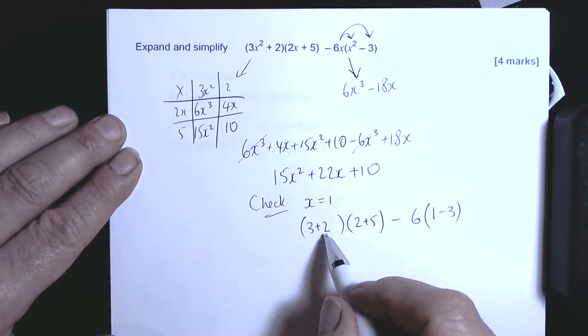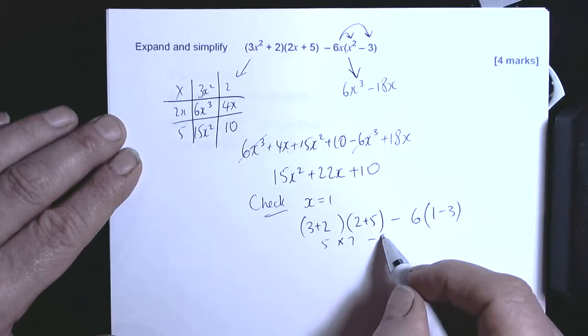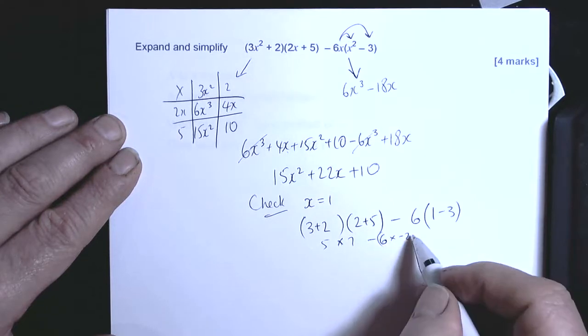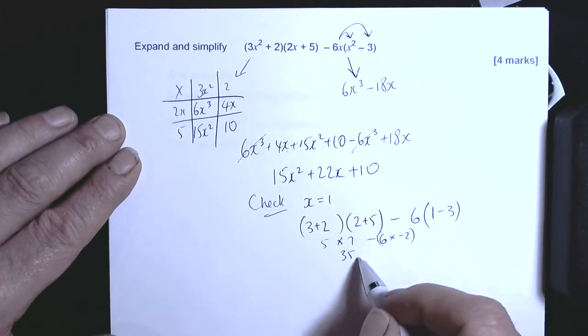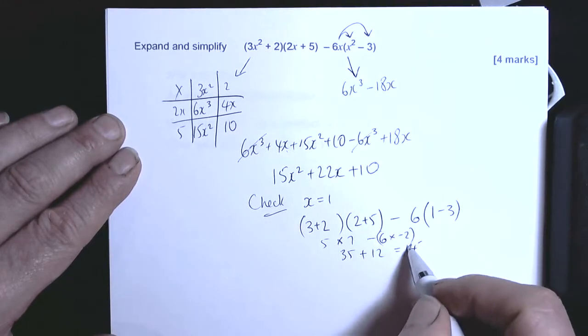Okay, so we ended up with 5 times 7, take away 6 times, and 1 take away 3 is negative 2. So we ended up with 35, negative times negative is plus 12, so 47.